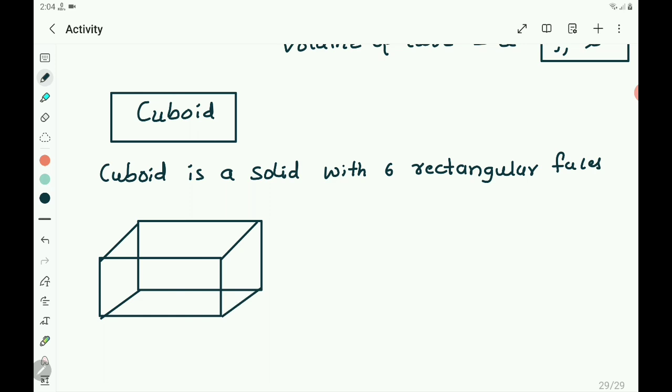This cuboid is also having 6 faces, 12 edges and 8 vertices.